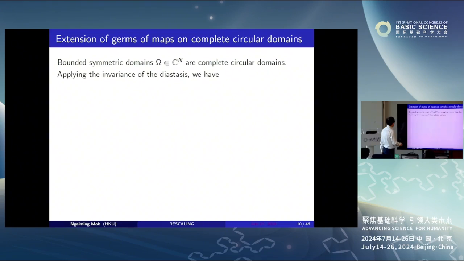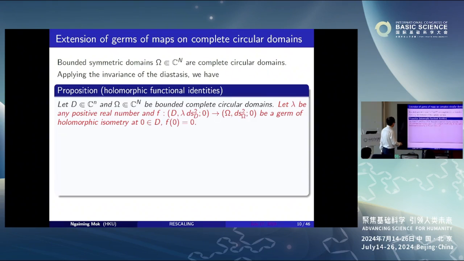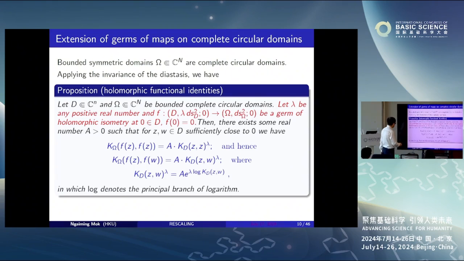Okay, so here is how you take a circular domain and you write down the equation on the diastasis. These are the equations. It's important that there's a scaling constant lambda, and this lambda may be a real number. So you have to raise things to the power lambda.